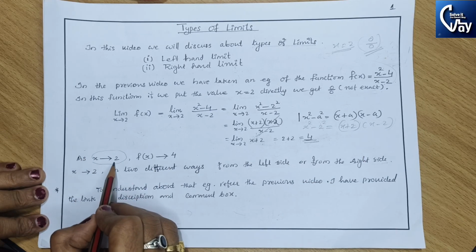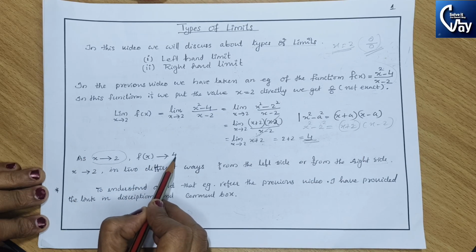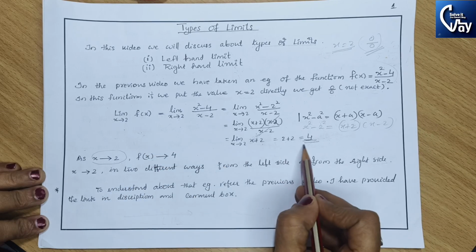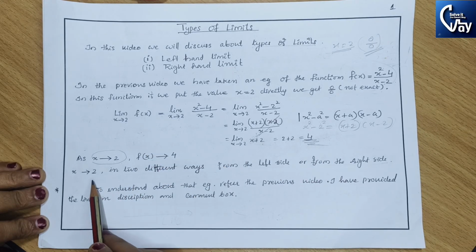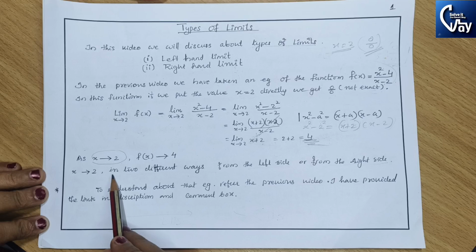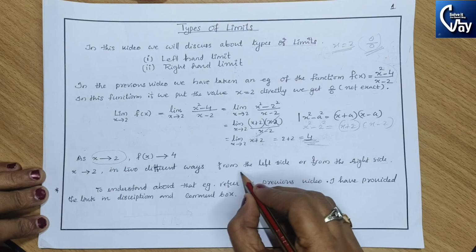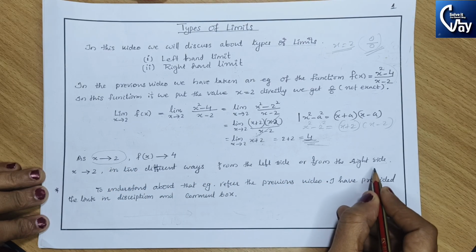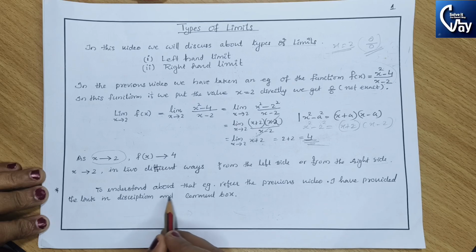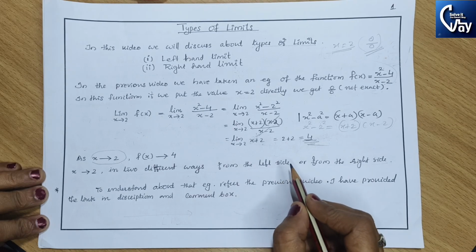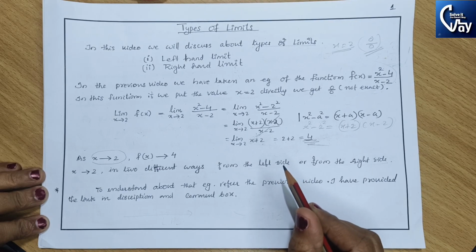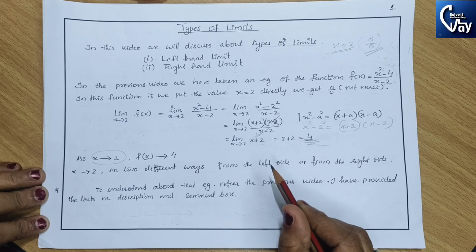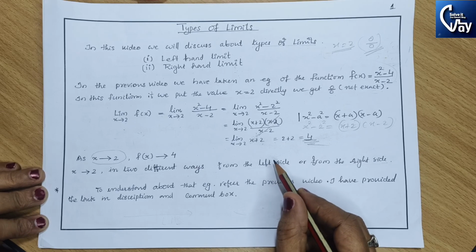As x approaches 2, f(x) approaches 4. x approaching 2 means in two different ways, from the left side or from the right side. To understand that example, refer to the previous video. I have provided the link in the description and comment box.